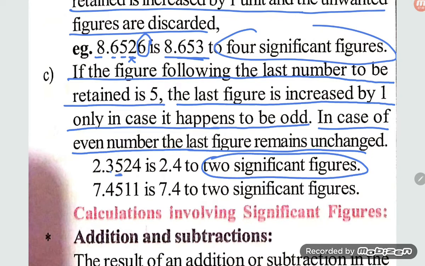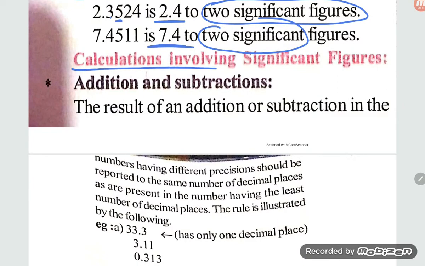Here is a 5, and 3 is an odd number, so we have to increase it by 1. But 7.45 is there, for two significant figures, 4 is an even number, so we have to leave it unchanged: 7.4. This is our required answer.